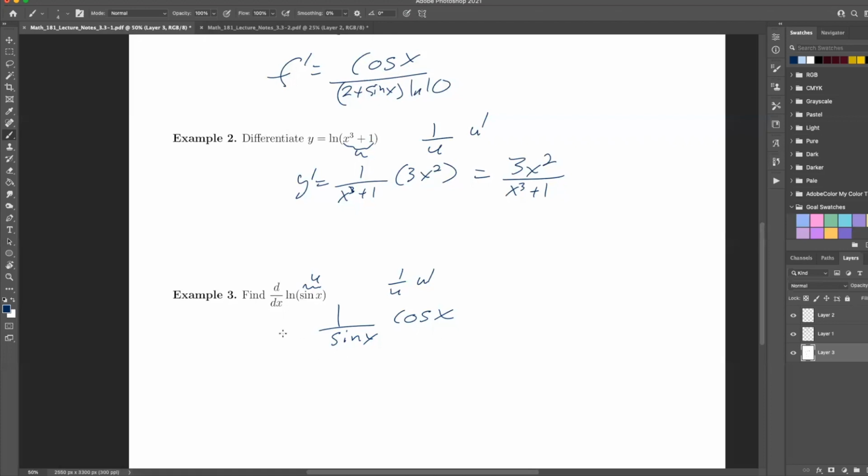So this becomes cosine of x over sine of x, and that's the same thing as cotangent of x. If you left it here, I'd be perfectly happy. Okay, so that's how we did that.